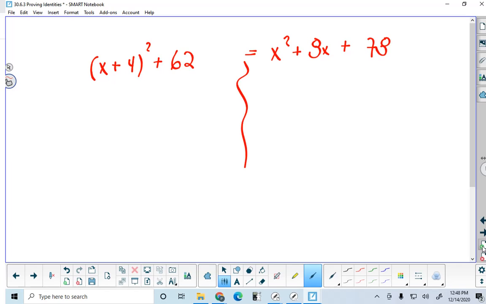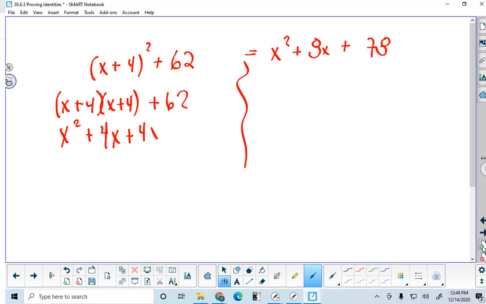And somebody, I forget who, had pointed out, well, yeah, because if you take (x + 4) squared and you expand it out, you get x squared plus 4x plus 4x plus 16 plus 62.